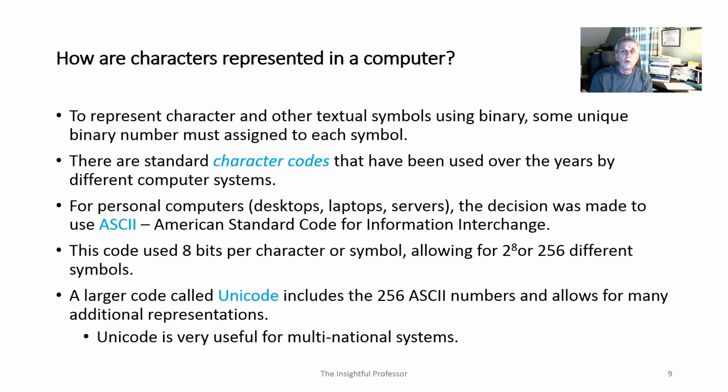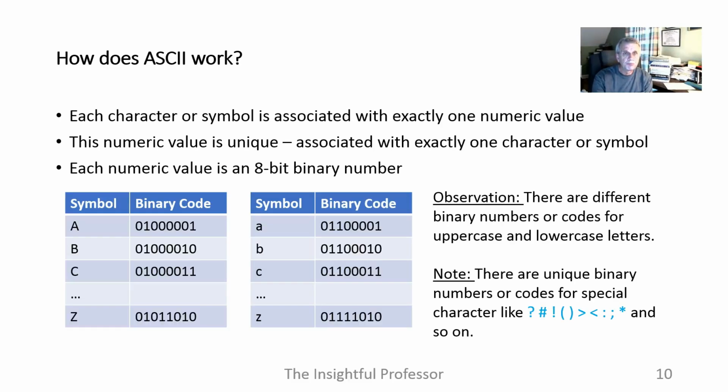Or if we're looking for a representation for Chinese characters, Zhongguozi, then what we need is the ability to represent much more than 128 or 256 characters. So Unicode is a multi-byte character system. It doesn't use a single byte, it uses more than one byte, and it's used very often in international and multinational systems. But the principles are essentially the same.